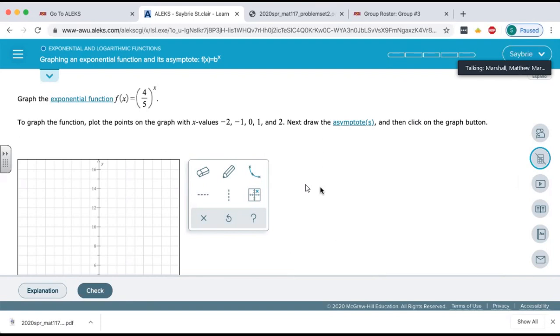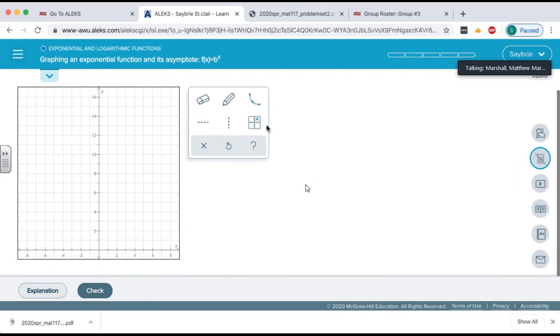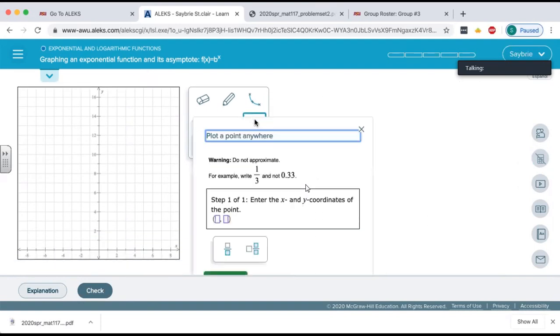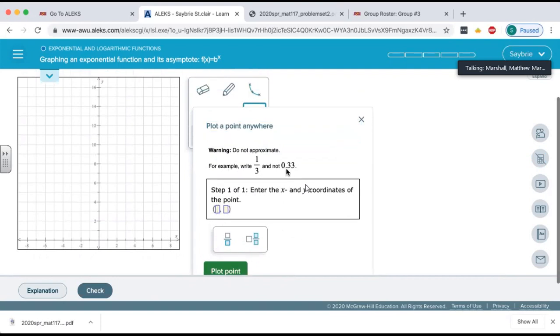So I guess that would be your first point right there. So go to that little point box. Oh, you could do a fraction in here? Okay, so type in, what was that, -2, right, for x? -2.